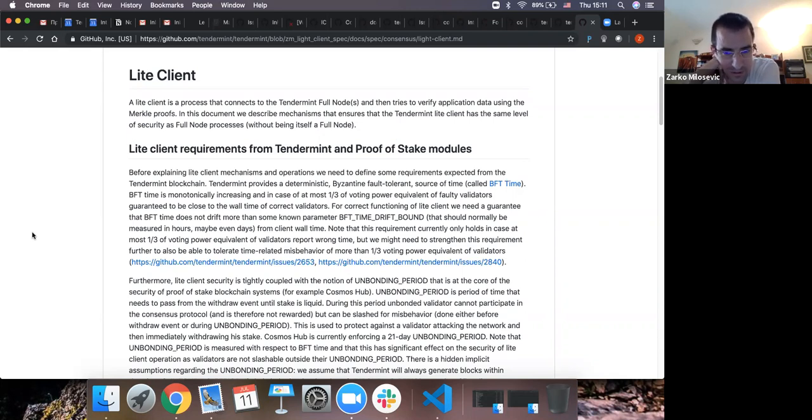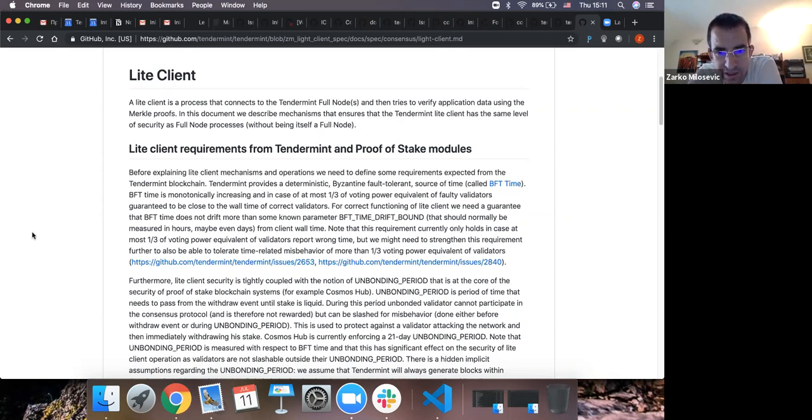And it turns out that from the point of view of the light client, the unbonding period needs to be related to real time. Otherwise, for example, the unbonding period could be defined with respect to logical time, like number of heights. In that case, when the client connects to a system, it doesn't have any clue how far it is from the end of the unbonding period of the validator set it's trying to trust.